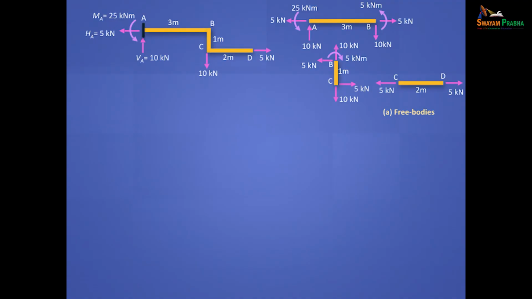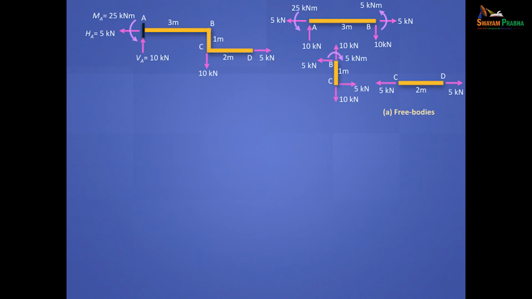Now you draw the last element, AB. And don't put these values, you derive them and make sure they match. That's how you check your answers. So you draw AB, whatever you got here, you copy upside down. 5, 5, 10, 10, and the moment also 5 kilonewton meter anti-clockwise.